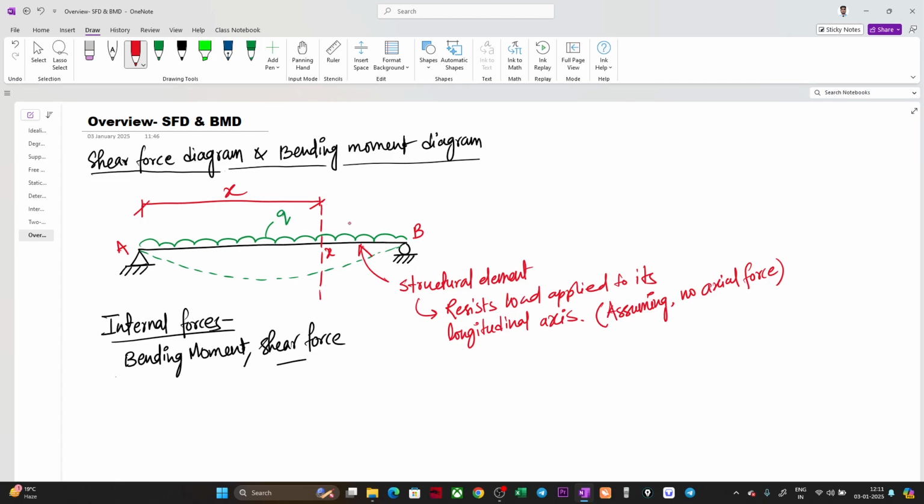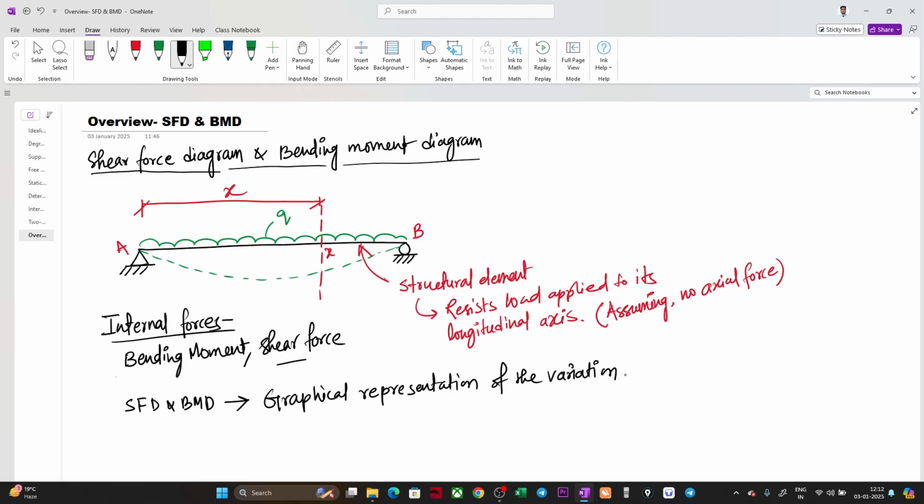So when we say shear force diagram and bending moment diagram, I would write it SFD and BMD are nothing but the graphical representation of the variation of internal forces along the length of the member.